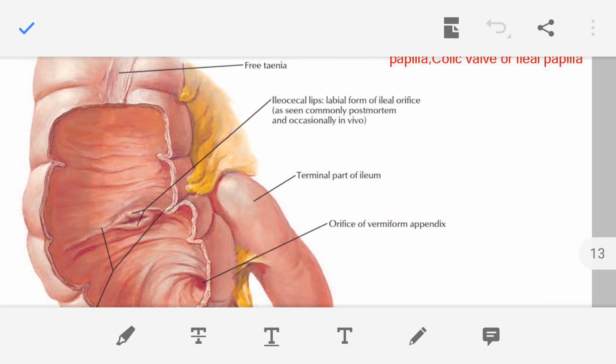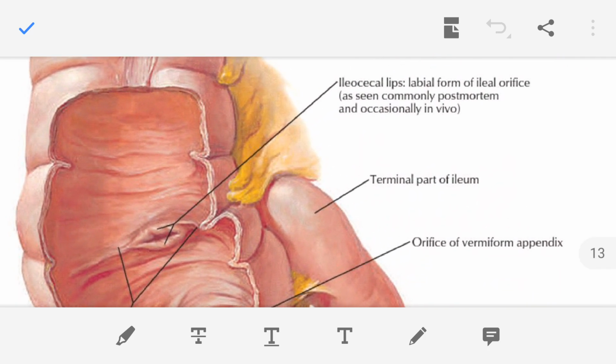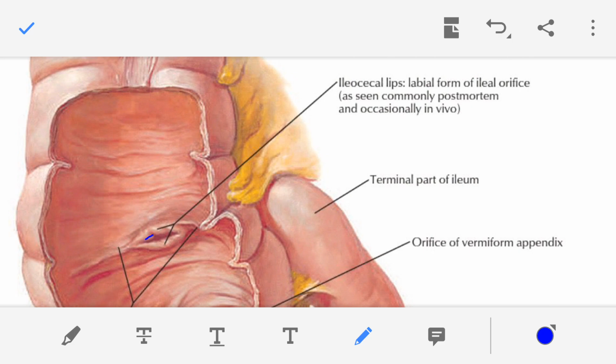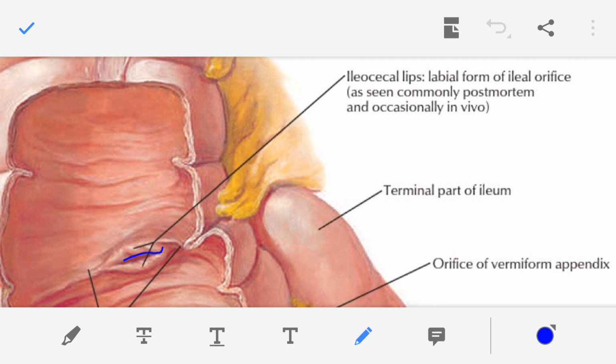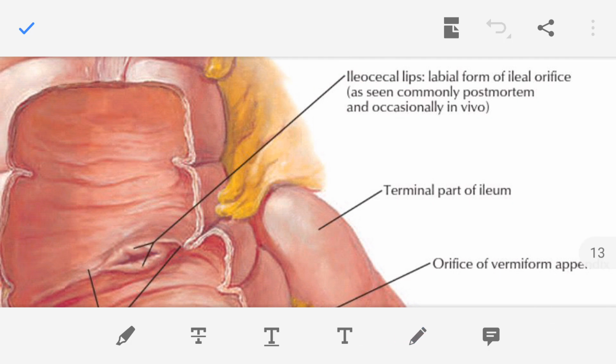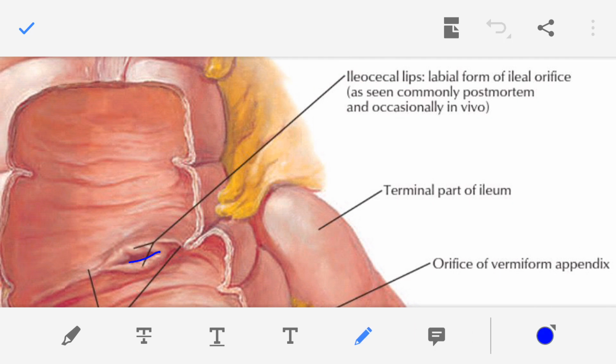This one is the orifice, this one is the superior ileocecal lip, and this part is the inferior ileocecal lip.